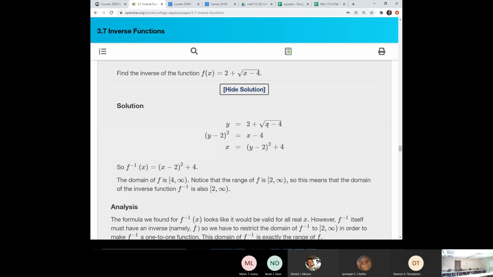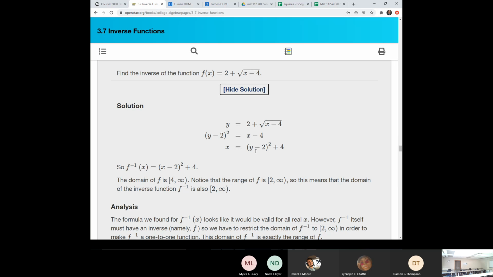His output, if I don't allow anything less than 4, is going to be 2 plus 0, 2 plus a larger number, 2 plus a very large number. So 2 all the way up to infinity is his range. That becomes the input into this function.